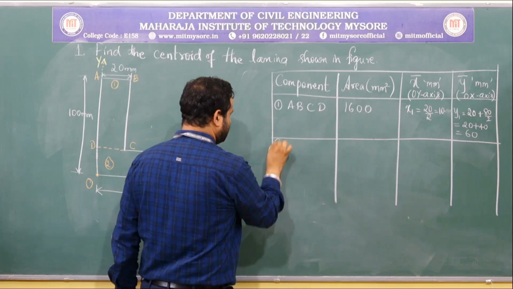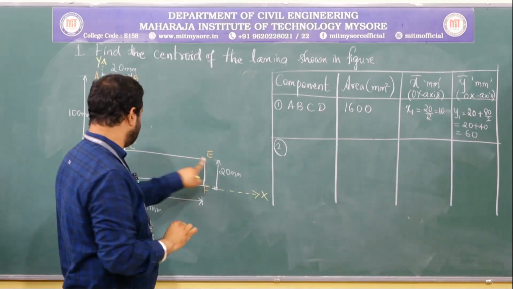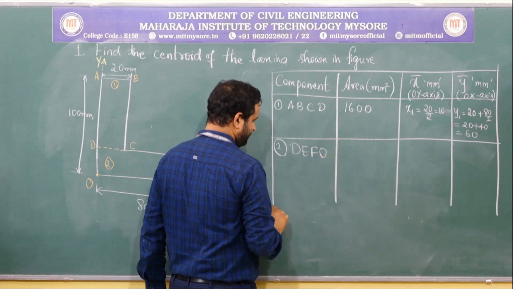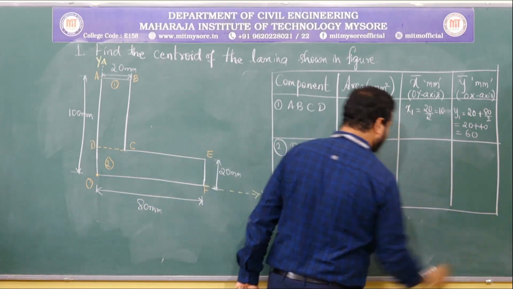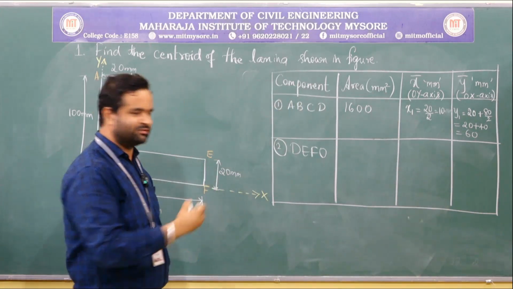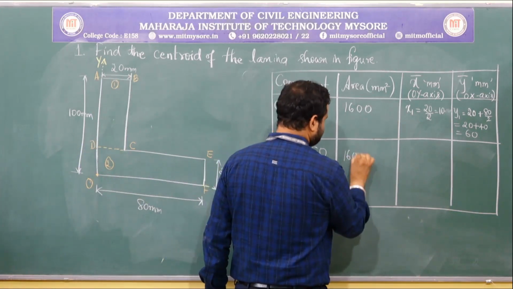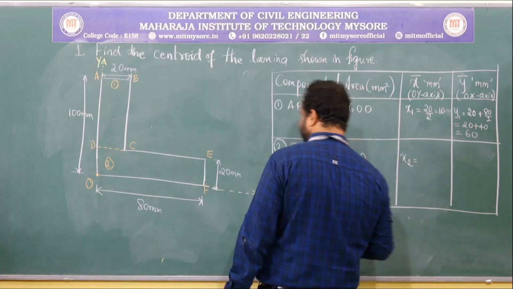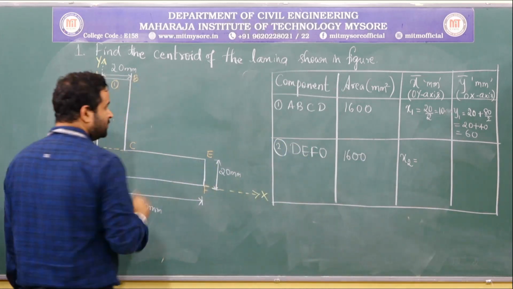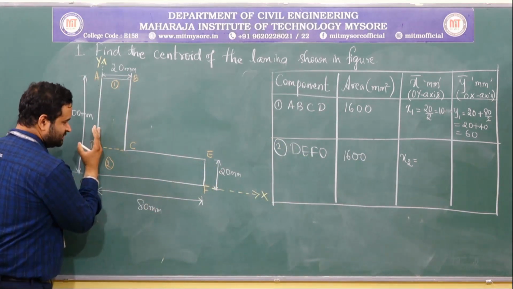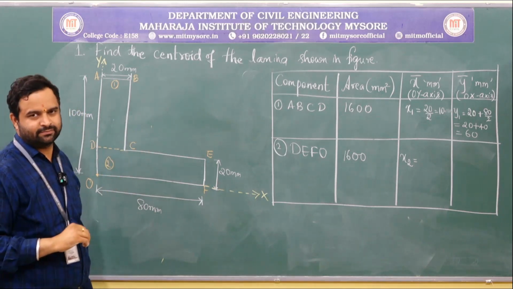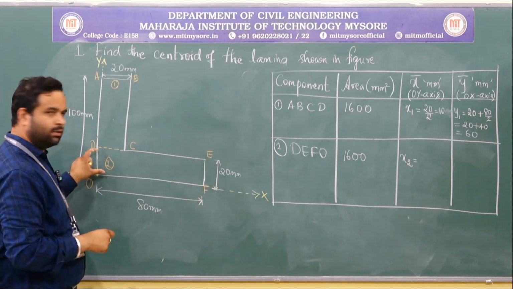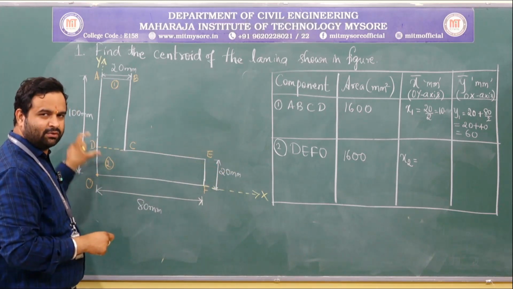Next, component 2 is DEFO. So what about the area, which I already calculated? 1600 mm square. X2 is to be measured with respect to the referral axis, which is OY. From this axis, what is the value of x? So the previous one which I already wrote, try to keep it above the referral axis.